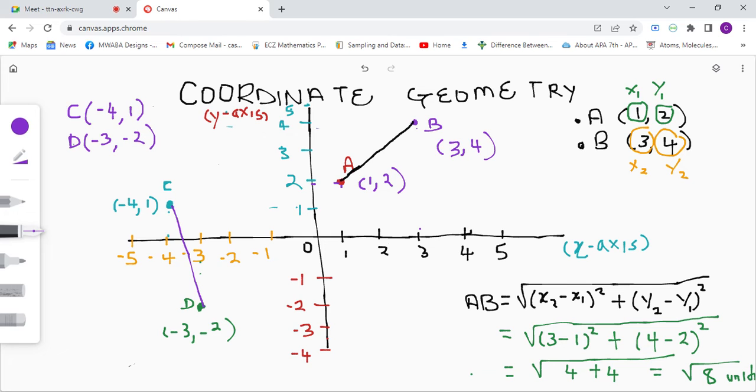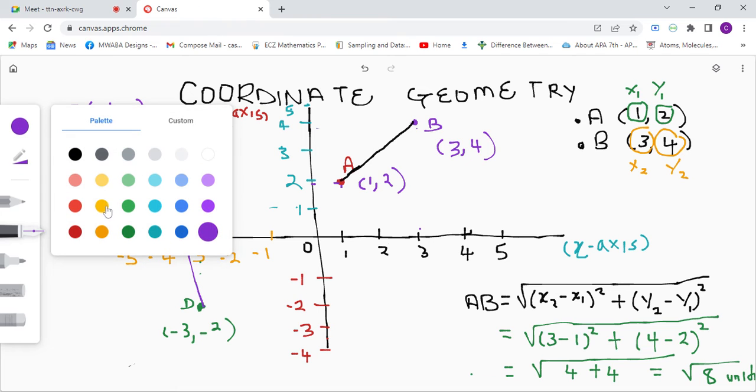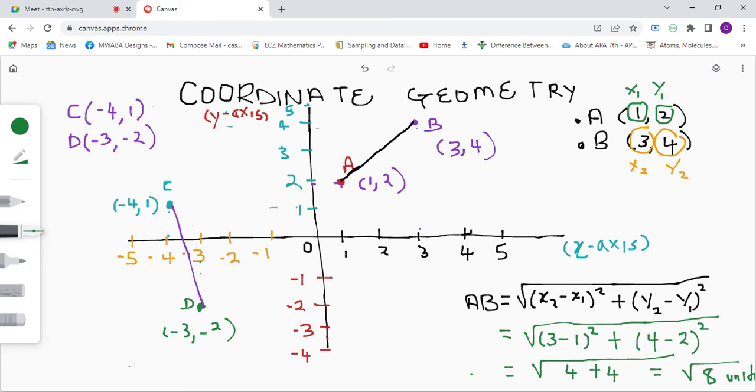So we can choose our x1 and our x2. Our x1 is going to be this -4 here.